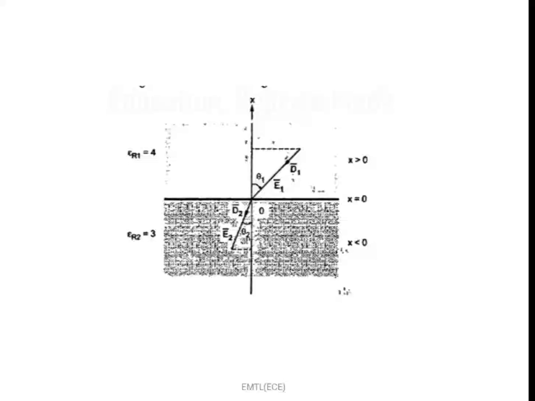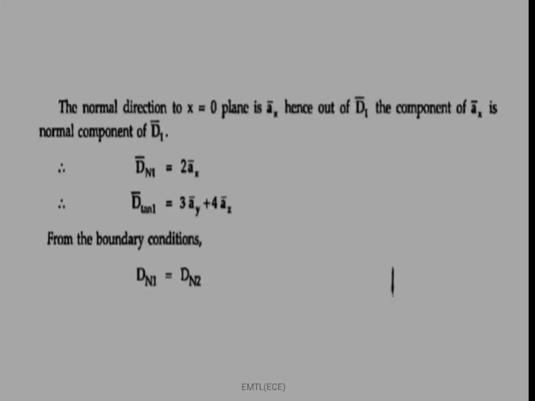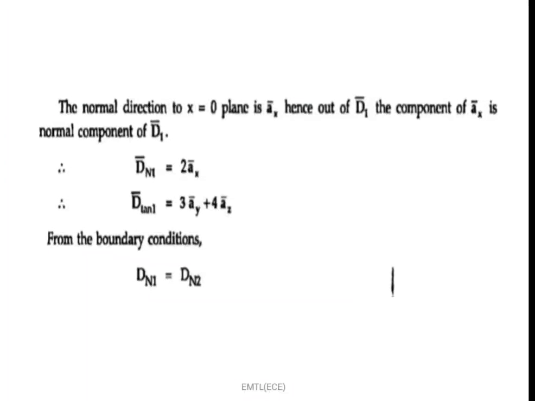So next, the normal direction to the x equal to 0 plane is ax bar. Hence, out of D1, the component of ax is the normal component of D1 bar.